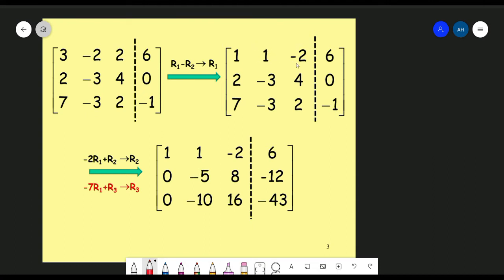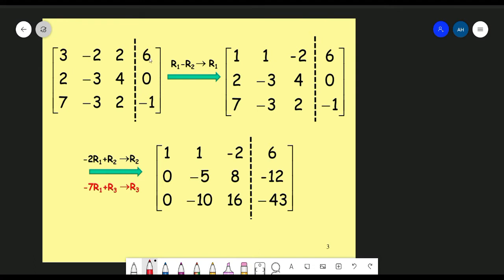How do I get negative 2 here? 2 minus 4 is equal to negative 2. Therefore, I get negative 2 at this position. Now, where does this number 6 come from? We subtract 6 minus 0, following this formula, row 1 minus row 2.